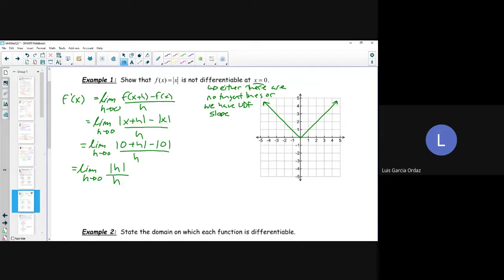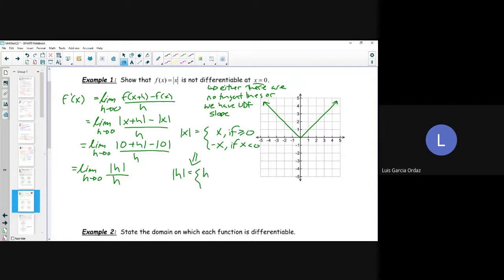So again, when we proved that the limit of the absolute value of x didn't exist, we used the fact that the absolute value of x is equal to x if x is greater than or equal to 0, or negative x if x is less than 0. The same thing can apply to our absolute value of h.